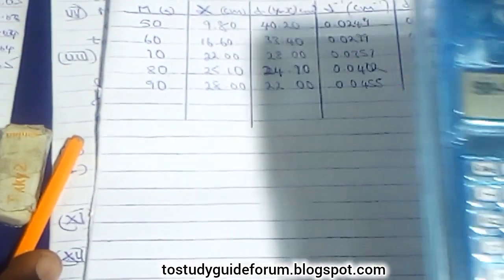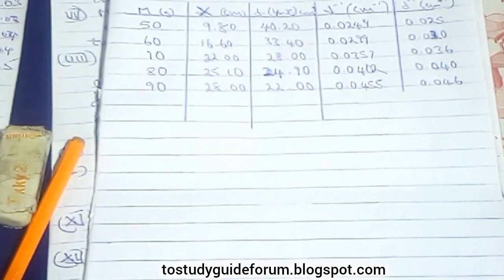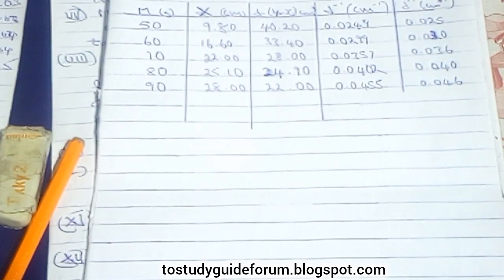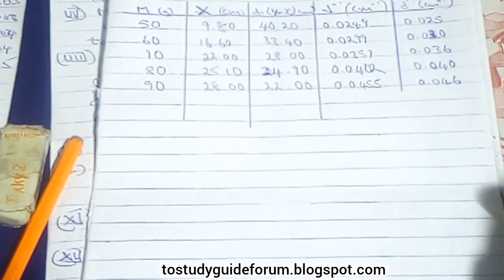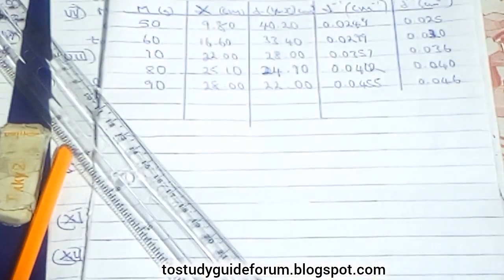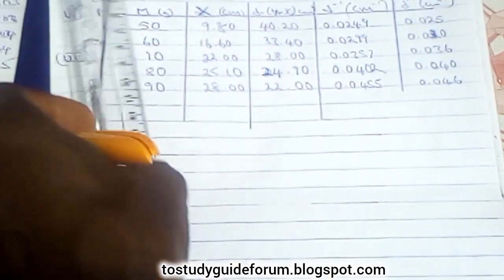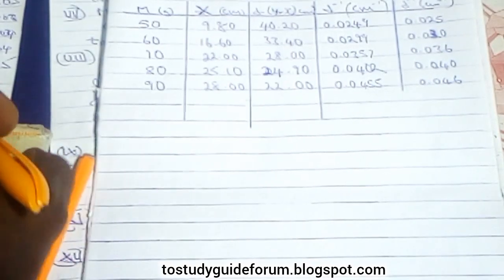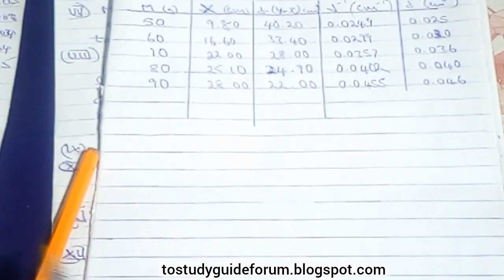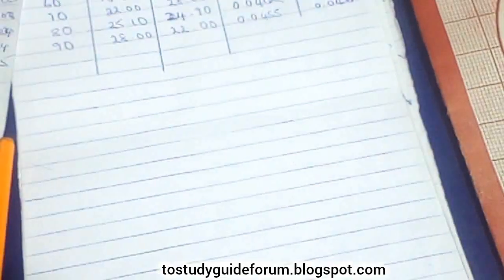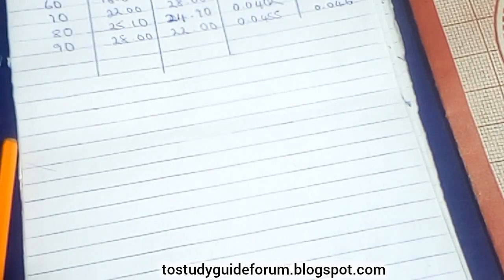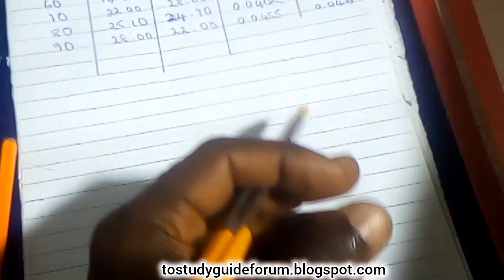Now, in the graph, one of the ways of plotting is that when you want to plot this graph, you look at the highest value and the lowest, the minimum and the maximum value in your graph. So let's go over to, let me see, I think this one is better.